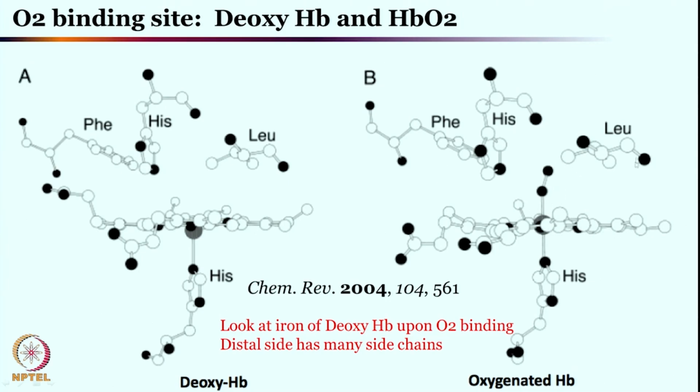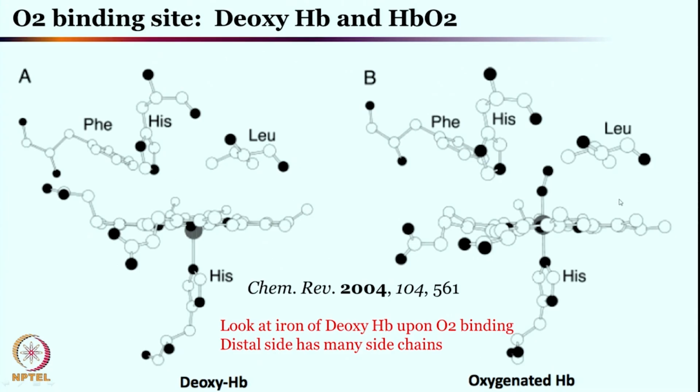This species is also affected by this protein side backbone or protein side chain, which overall helps in giving the geometry it is having, that is the bent geometry, and this is particularly why we see that the role of these histidine, phenylalanine and leucines are quite crucial for the oxygen binding. Okay.